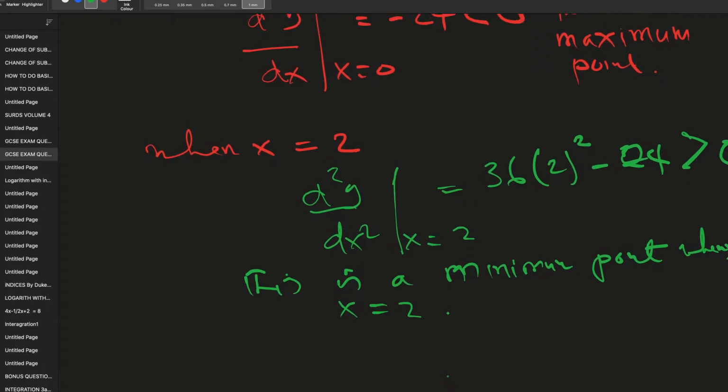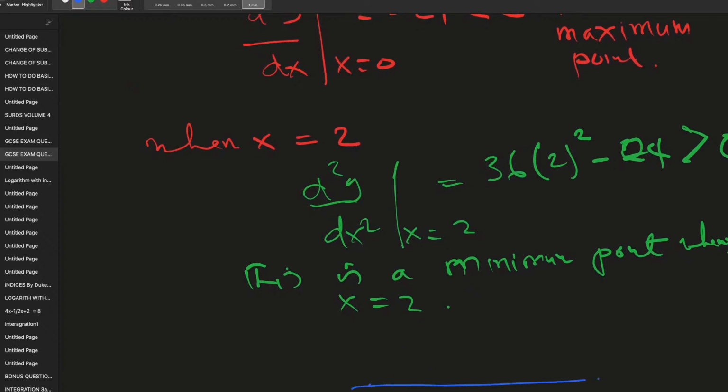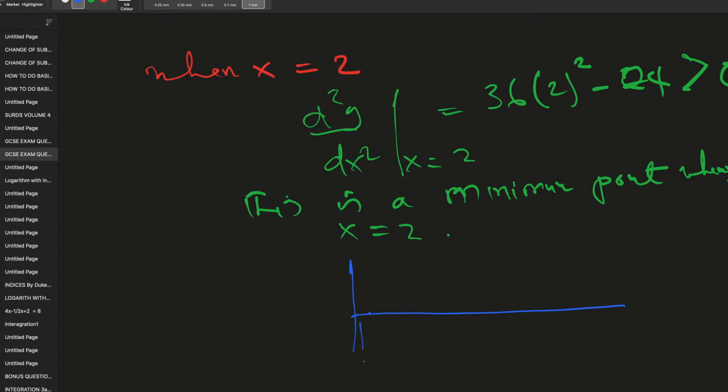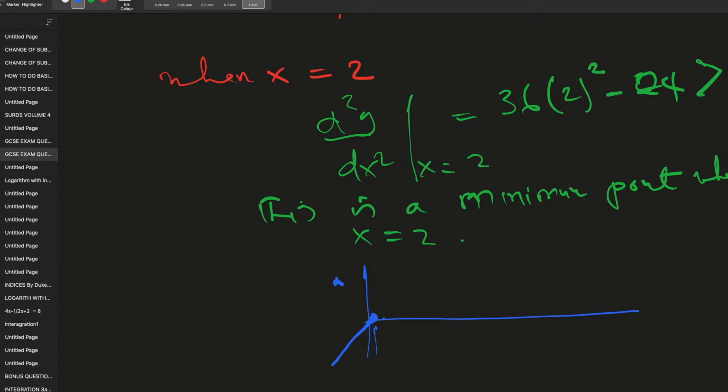So we see that roughly, if we have a line like that, when x was equal to 0, that point was a maximum point, so it goes this way to the maximum point. And when x is equal to 2, that was a minimum point.